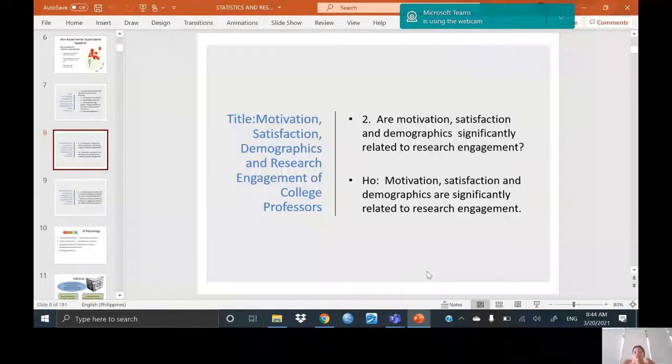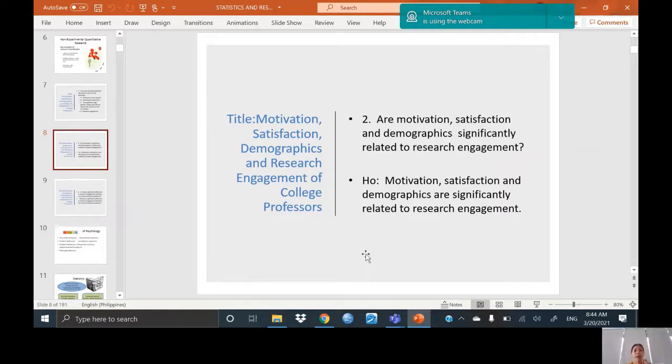So if you review your previous knowledge in statistics, this question would warrant correlation statistics, not descriptive statistics.